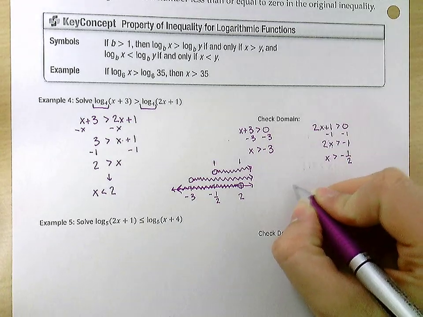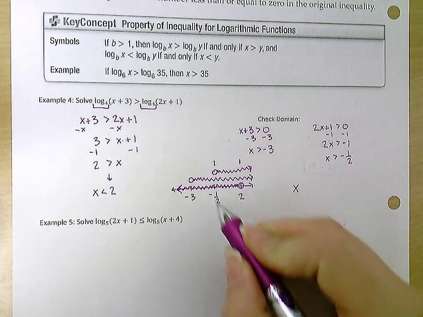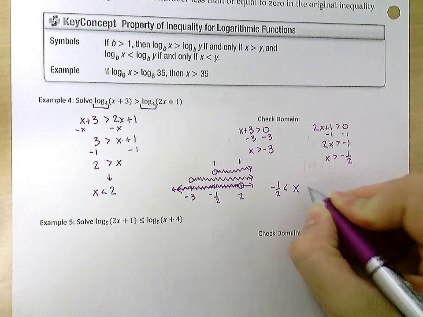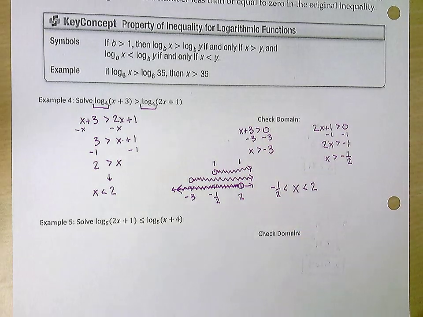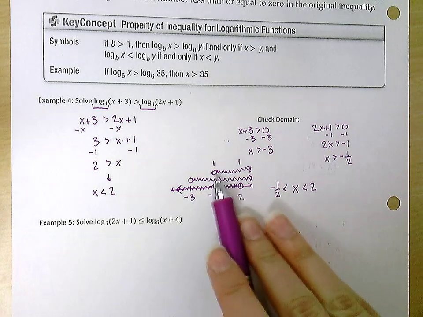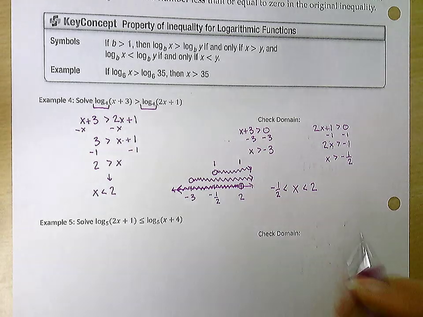So that means my final answer for this problem will be x has to be greater than negative 1/2 and less than 2. So it has to be between those 2 numbers.